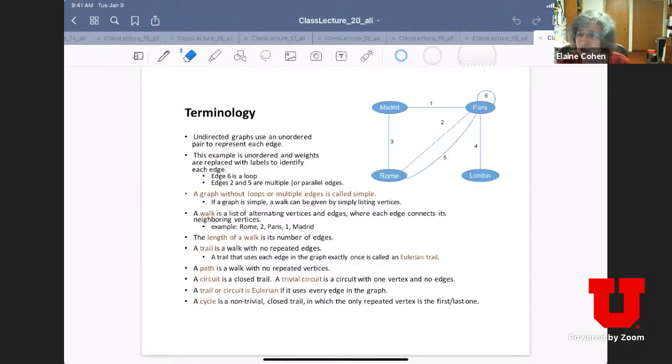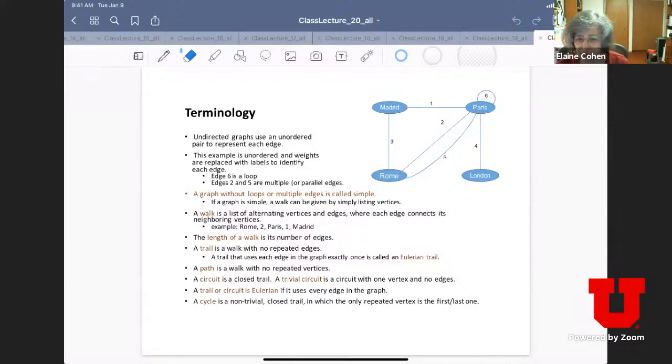So the notation for walks works whether we have a simple graph or a multigraph, a graph with parallel edges, multiple edges. Frequently, when we have a simple graph, namely there's at most one edge between any two nodes, we don't use the edge labeling because that way we know what edge it is.